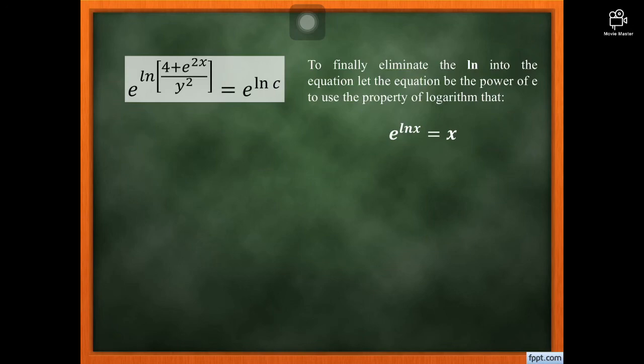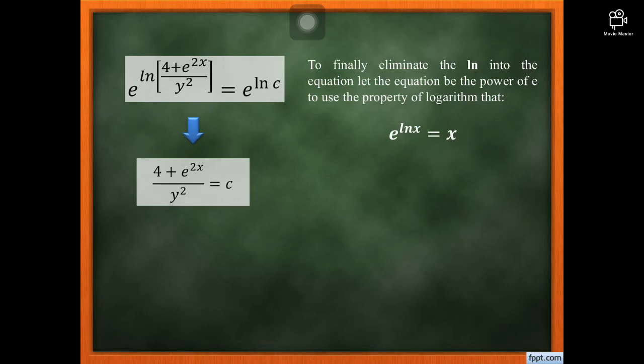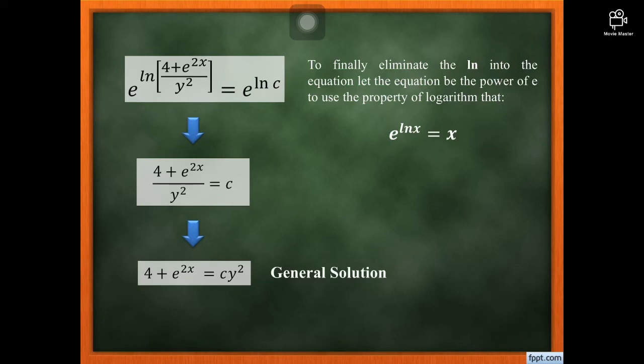By property of logarithm, we have 4 plus e raised to 2x divided by y raised to 2 is equal to c. That gives us the final answer: 4 plus e raised to 2x equals c y raised to 2. So that is the general solution for example number 2.